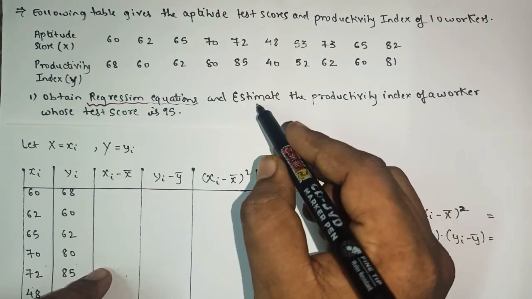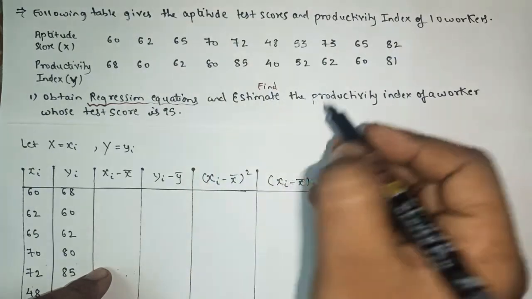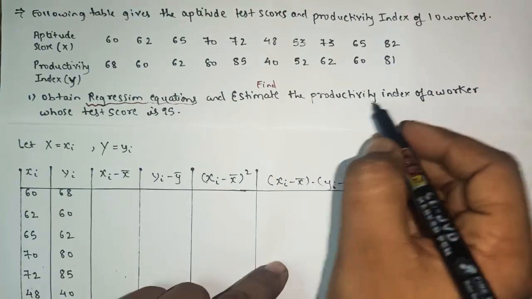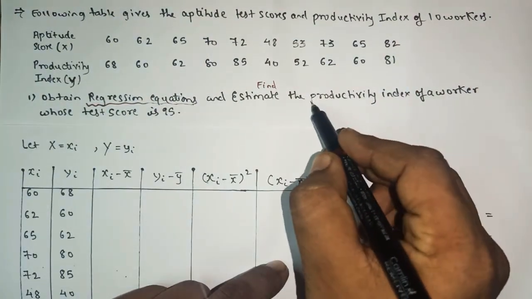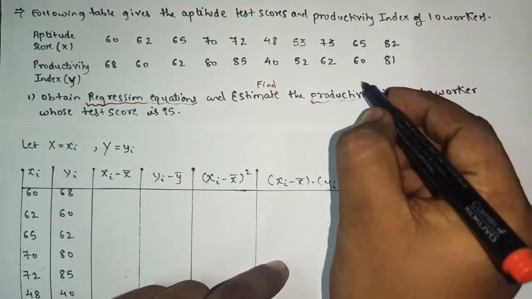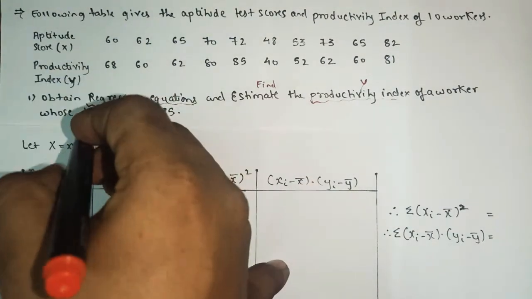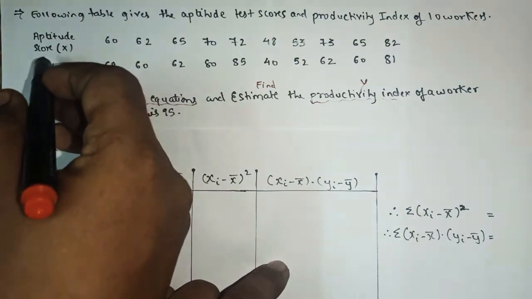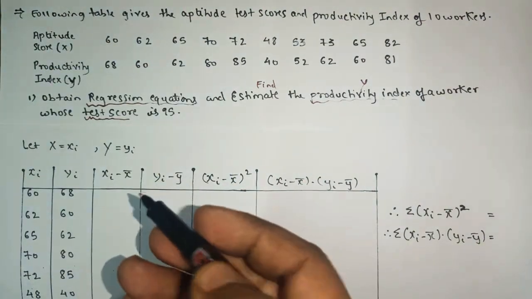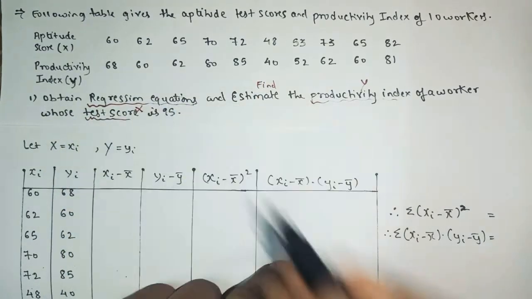Estimate means we have to find the productivity index, which is y, of a worker whose aptitude test score, that is the test score, which we consider as x, is 95.